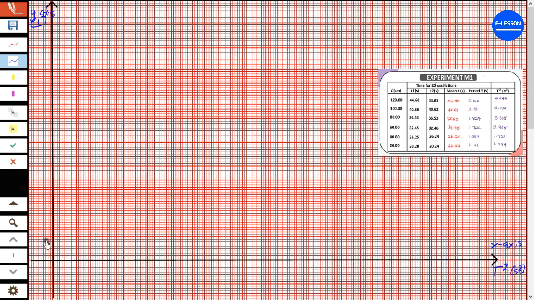Now in your graph, remember that this one is oriented halfway. What I mean by oriented is that I'm using portrait mode, while your own graph is straightforward. If you have a line something like this, it is portrait. Then when the longer line is like this, you get what I'm trying to illustrate here. The same thing is applicable here. My graph is in portrait mode, while yours is in the straightforward mode.